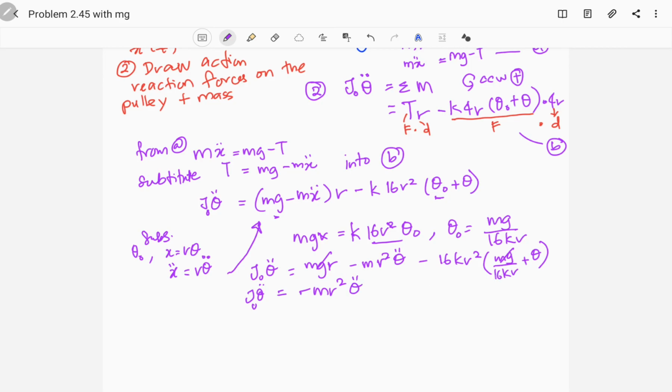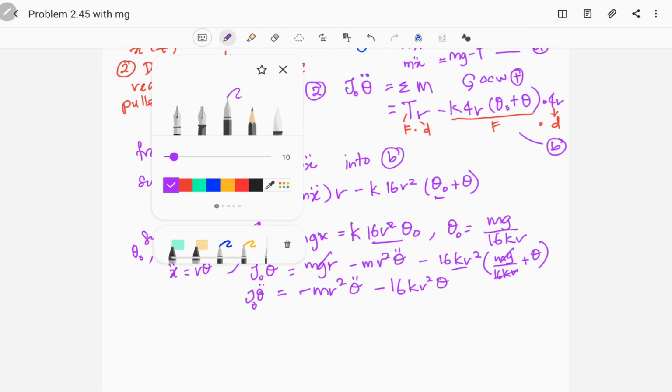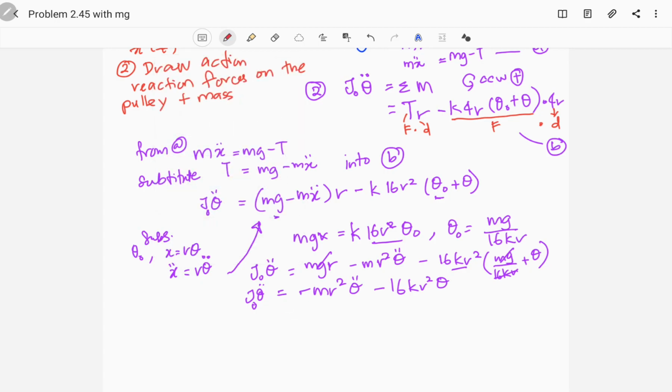You still have this negative 16 kr squared theta. Then if you bring the terms together, all the theta together, then you have this.